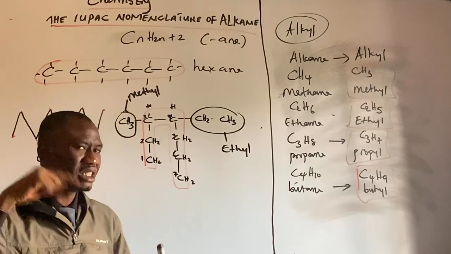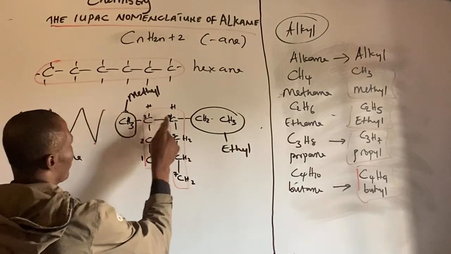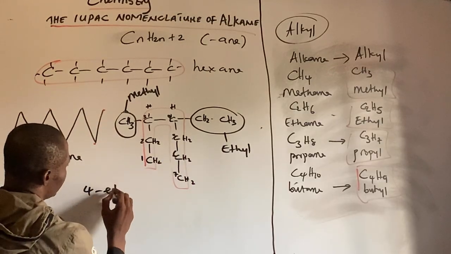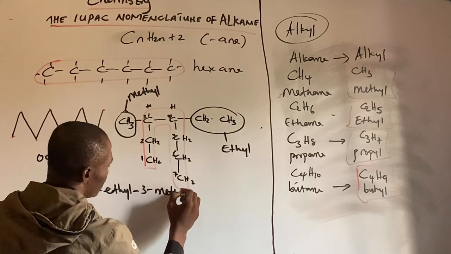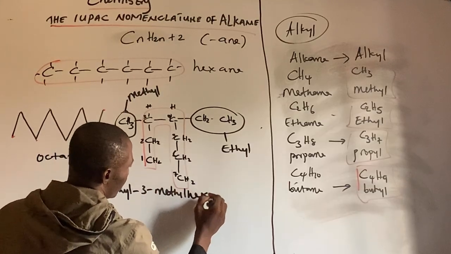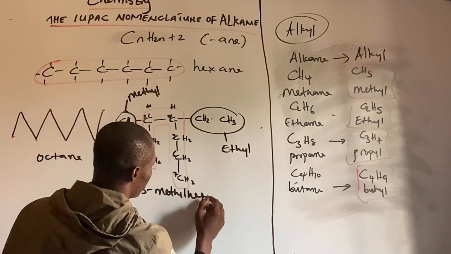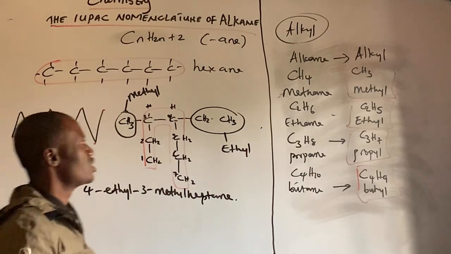So we want methyl also to enjoy some privilege. All right, so we'll take it 1, 2, 3, 4, 5, 6, 7. So we have 4-ethyl, 3-methyl, and then 7 is heptane. All right, so this is the name of this structure.